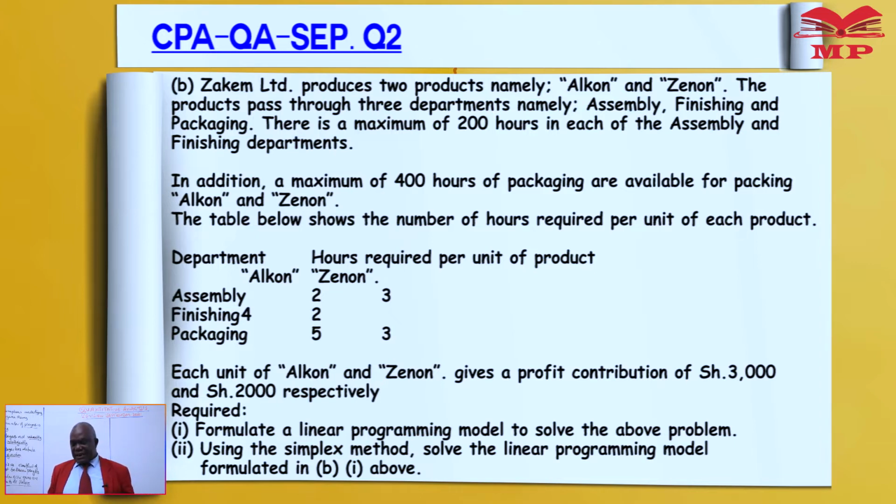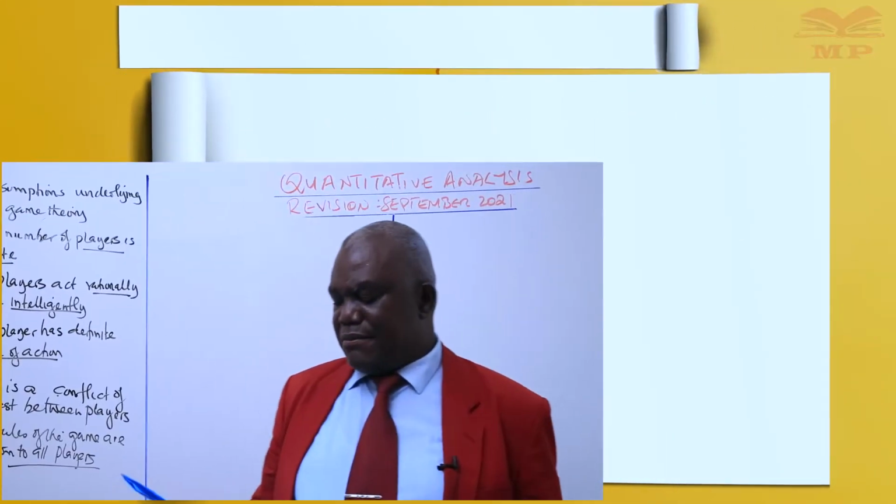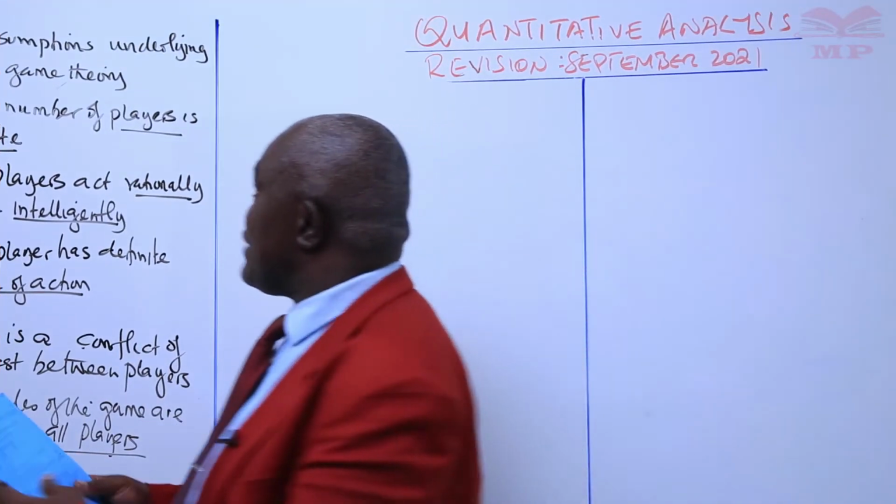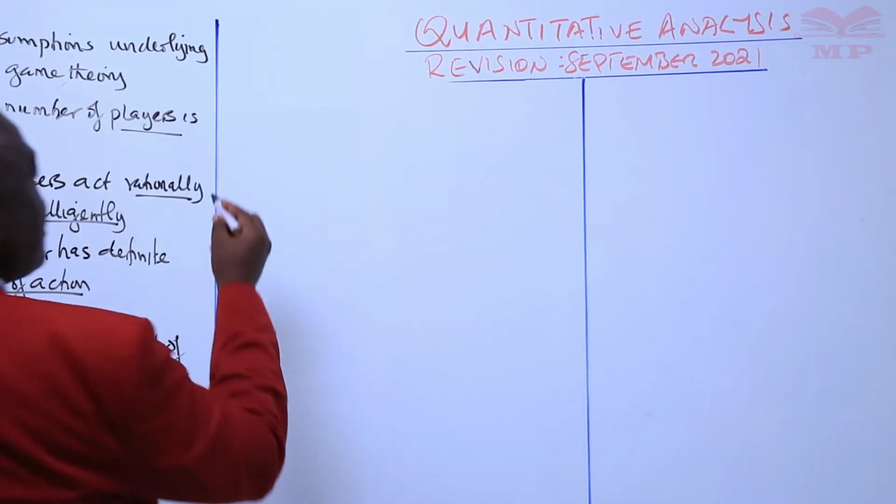Packaging: Alcon requires 5, and Xenon requires 3. Each unit of Alcon and Xenon gives a profit contribution of shillings 3,000 and 2,000 respectively. Required: formulate a linear programming model to solve this problem, 2 marks. Using the Simplex method, solve the linear programming model formulated above, 14 marks. So let's look at how we look at this 2B.